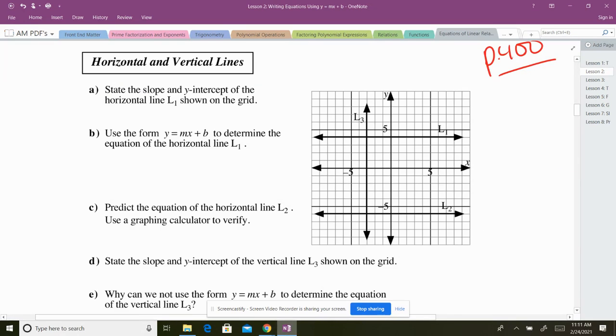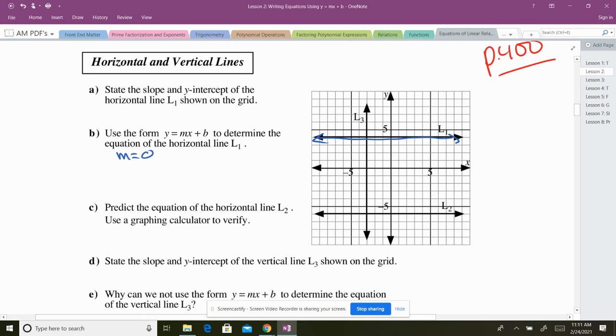Page 400. All right. L1, L2. So we have horizontal lines, vertical lines now. We're going to figure out the equations of these. So L1, this flat line right here. What is my slope? 0. Remember, horizontal lines have slopes of 0.